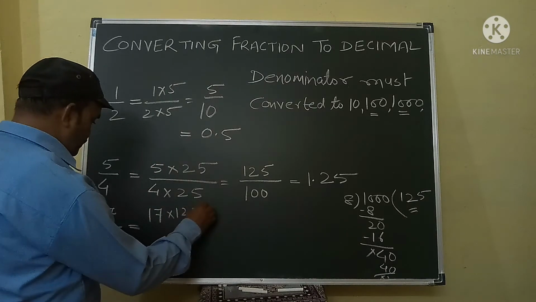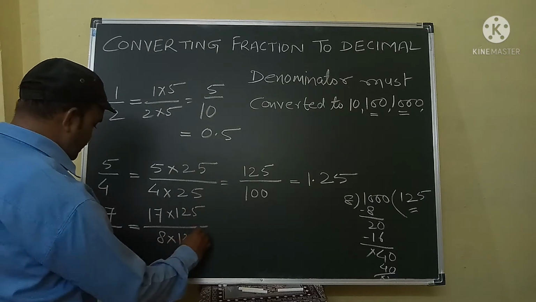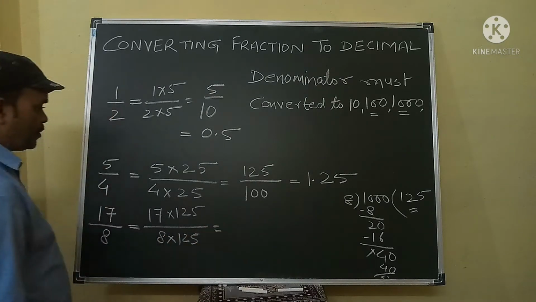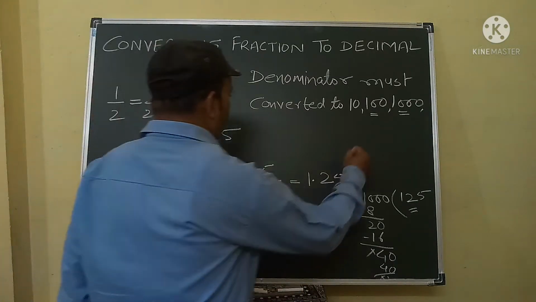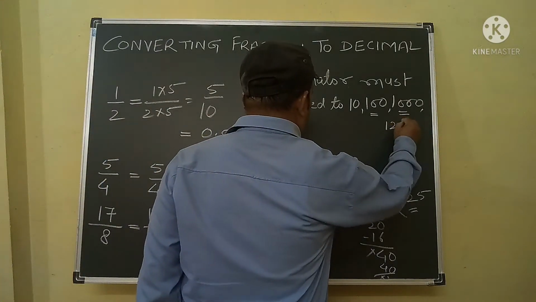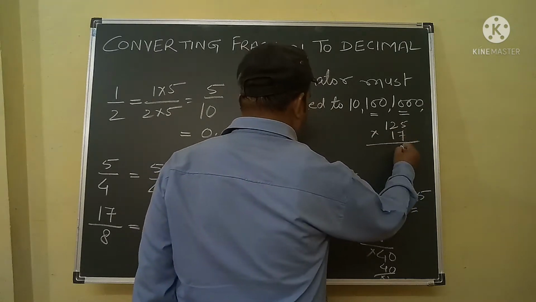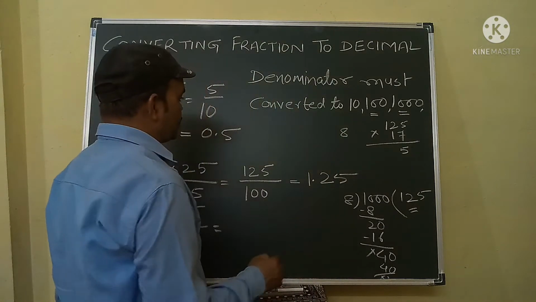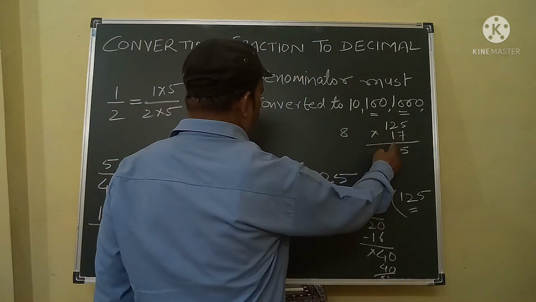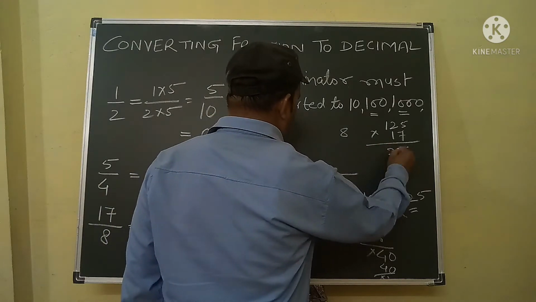17 into 125 upon 8 into 125. Now look here. 125 into 17. 17 5s are 85. This is 5, carry over is 8. 17 2s are 34, 34 plus 8 is 42.